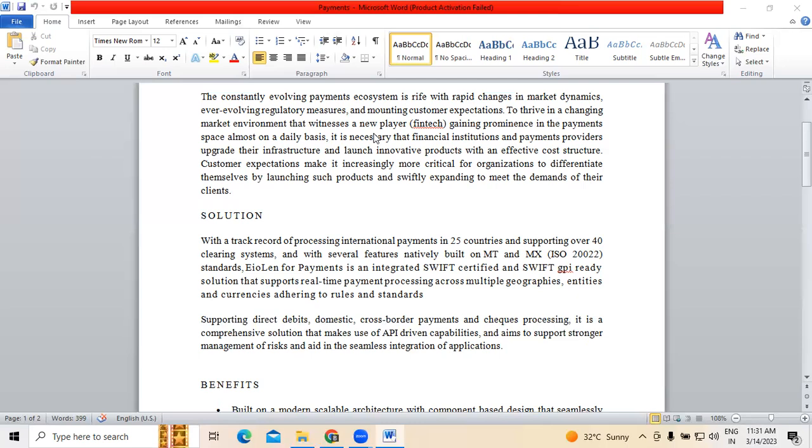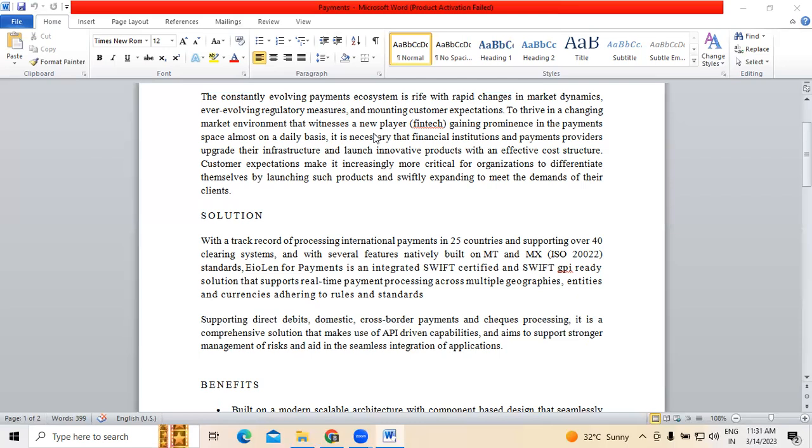What is our strength? The strength of EOLN is to have a track record of processing international payments in 25 countries. At the same time, they have supported over 40 clearing systems by building different features, such as MT or MX standards and everything. By keeping all this into account, EOLN for payments is what you can consider as a product.